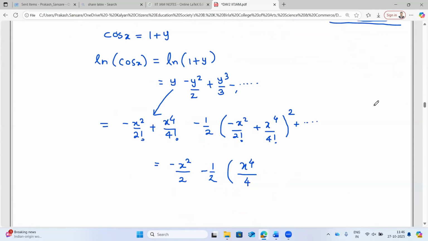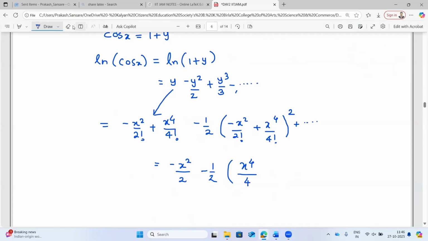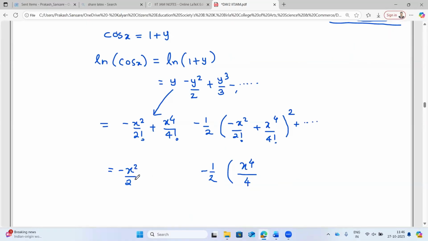Now this is equal to minus x squared by 2 factorial plus x raised to 4 by 4 minus half. Here I have to take x raised to 4 by 4, because from this term onwards it is basically power 4 and above, so I will not consider that.